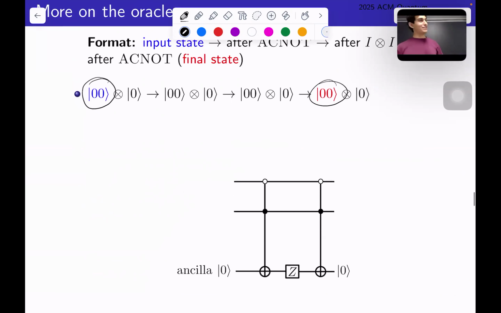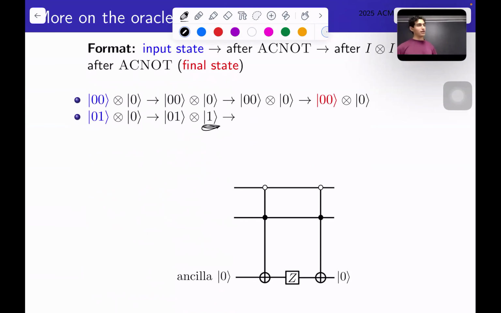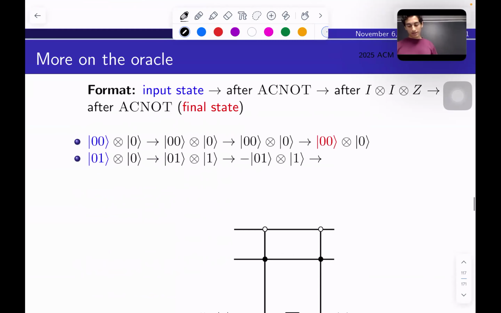You haven't changed anything. If you apply 0, 1, which is our good state, you hit the control condition here. So you do change the helper qubit to a 1. You apply Z on the helper qubit, and you get this negative 1 factor that you can carry over here.